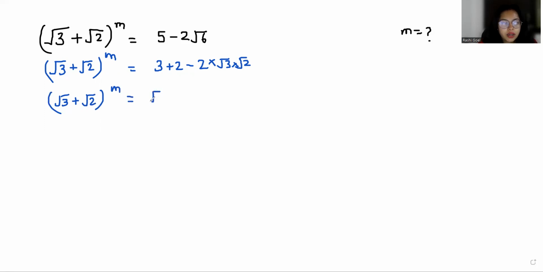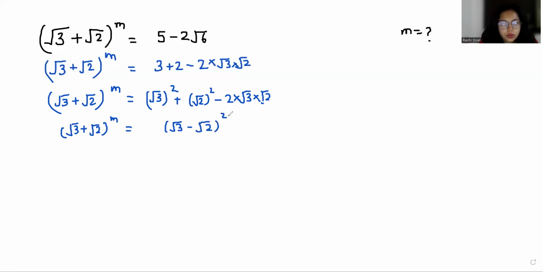Now 3 we can write as (√3)², similarly 2 as (√2)², minus 2 times √3 times √2. Now it becomes a very famous identity, a² + b² − 2ab. So it is the formula of (a − b)², where a is √3 and b is √2, whole squared.